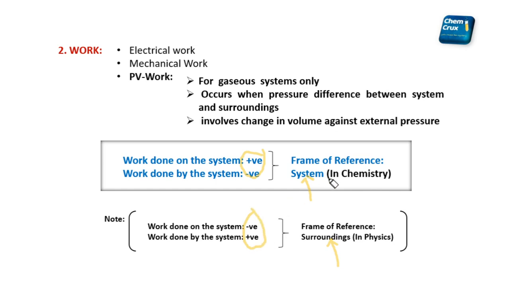Okay, so if you have any doubt regarding understanding the sign conventions and what is frame of reference and why the sign conventions are opposite in chemistry and physics, you can comment down below, and then I can make a separate video regarding the sign conventions that are used in chemistry and physics. Okay, for now, let's proceed.